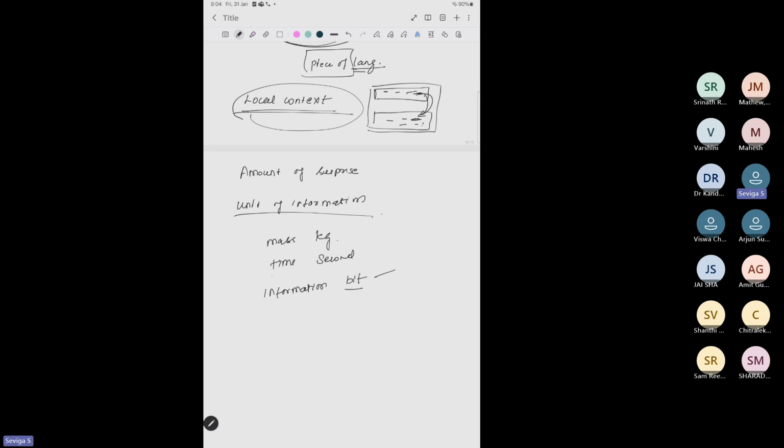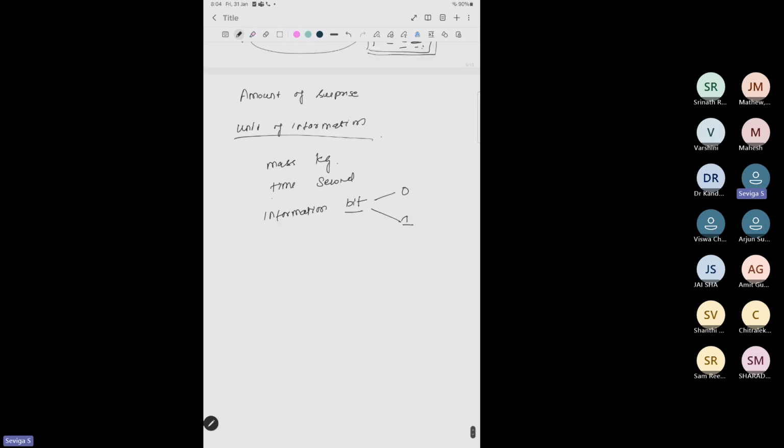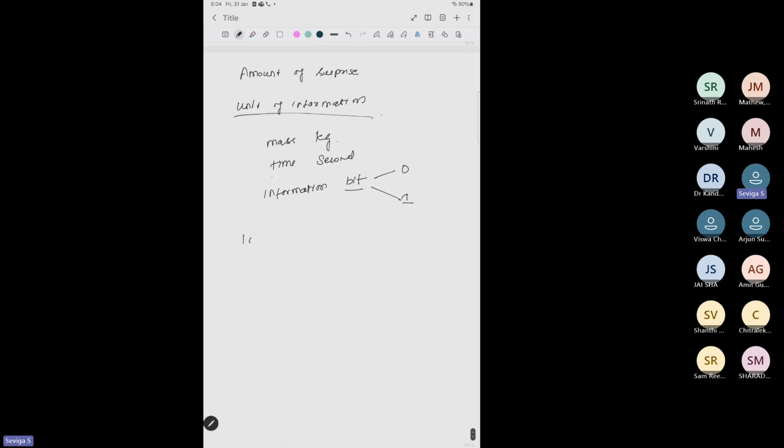The bit can carry either 0 or 1. So if I say 1000 bits of memory, it means that it can carry 1000 bits of information. We store these bits in electronic circuits.